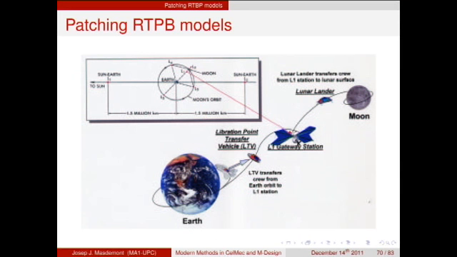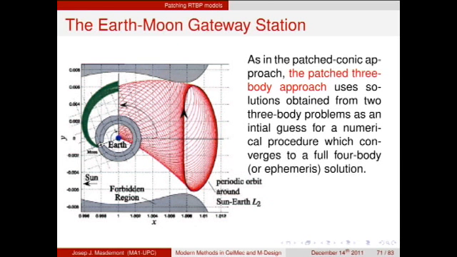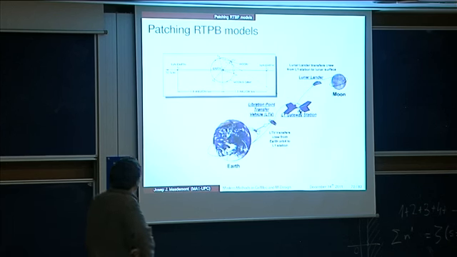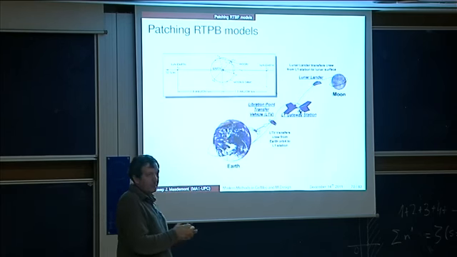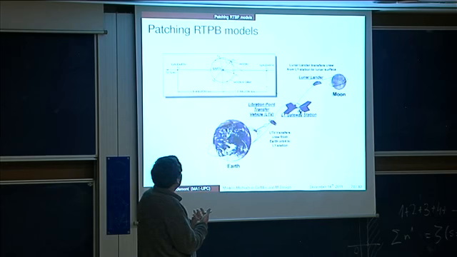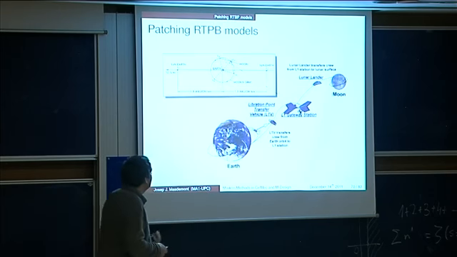And finally, as we talk about patching conics, in this kind of regime we have a similar idea, which is the idea of patching RTBP models. For instance, we can consider Sun-Earth and Earth-Moon, like two uncoupled, in principle, three-body problems.